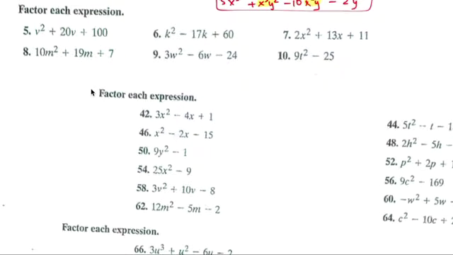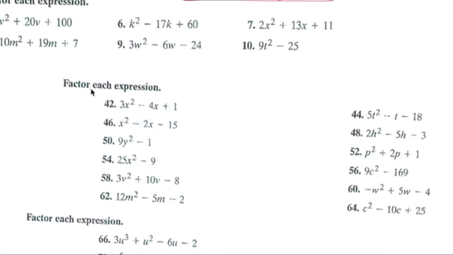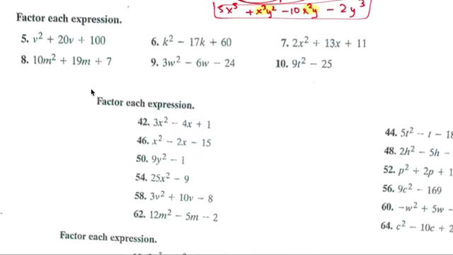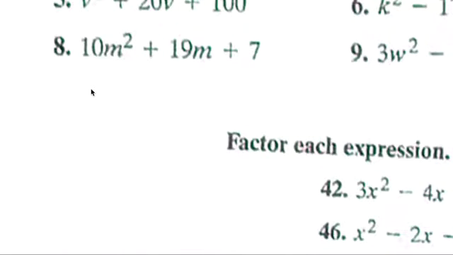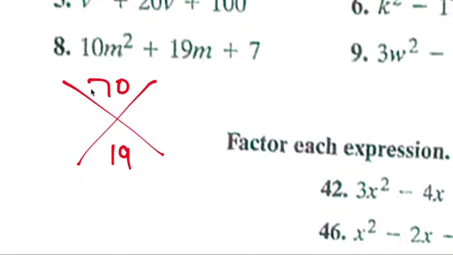Okay, so just so those of you who are absent are doing this, we can do the magical X, 70, 19, right? I'm doing number 8. And our factor is 7, 5, 5, 5, 14, 15, 5 and 14, right?